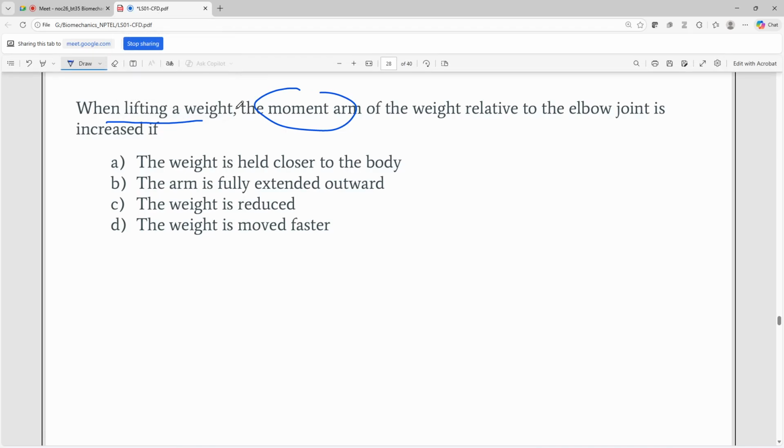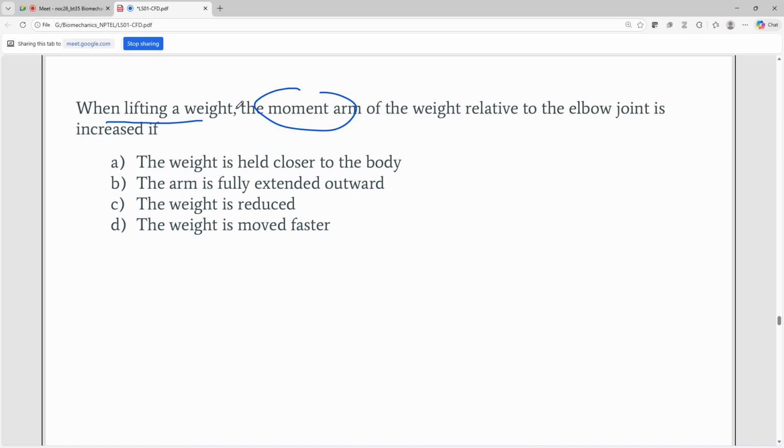First of all, what is moment arm? Suppose this is a hinge and this is a link. Then suppose some force is acting somewhere, then the perpendicular distance between the line of action of the force and the hinge or the point is what is called the moment arm.